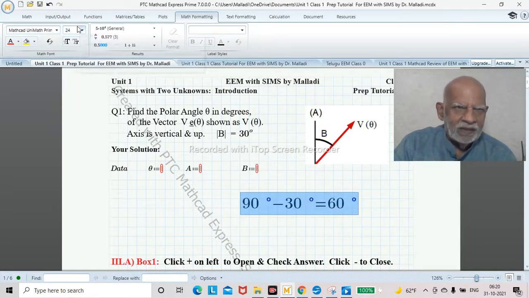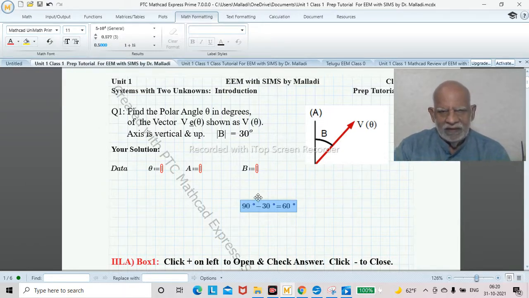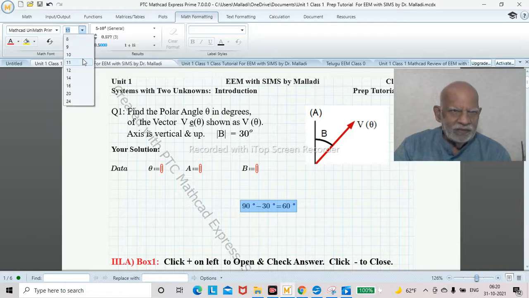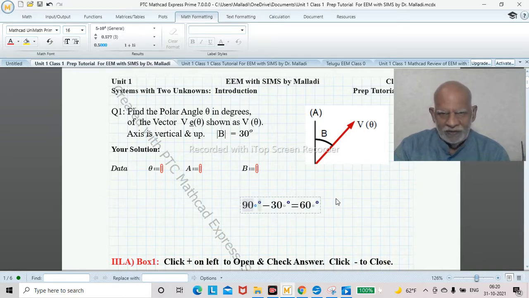Usually the font is at 11 and I do all the typing at 11 size. If I want to increase this, I do it individually, because if I do it right away, everything will change. So you use it sparingly, like this.